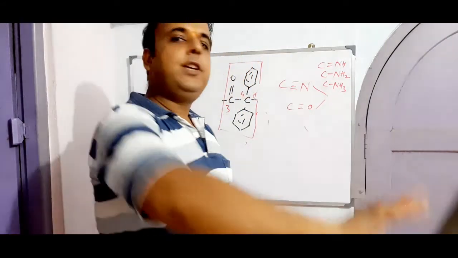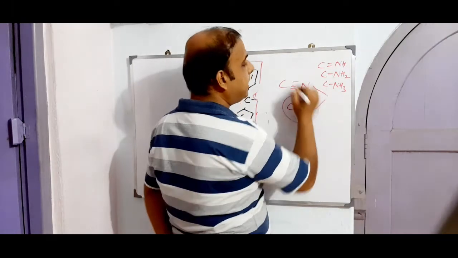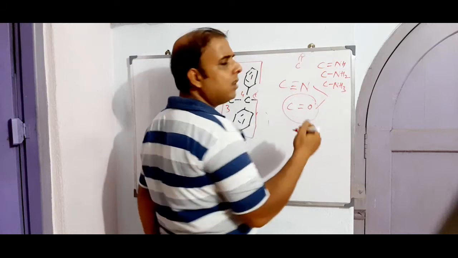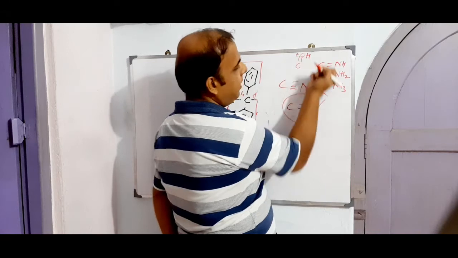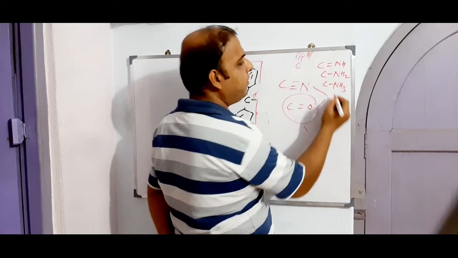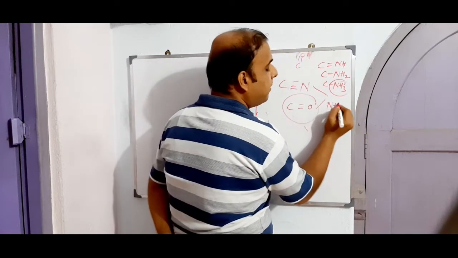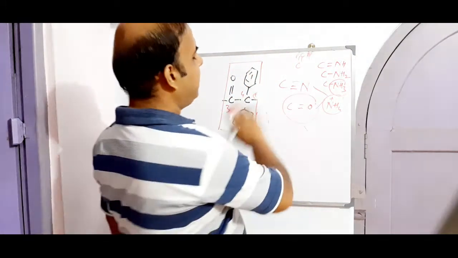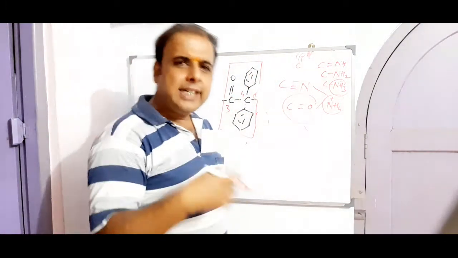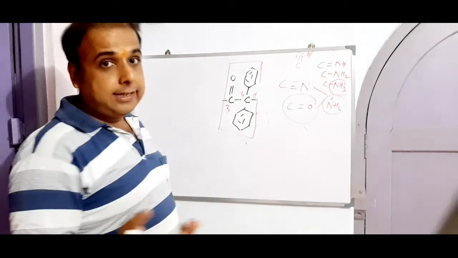Once the NH3 leaves, it leaves behind C double bond O. Finally, the amine is in the form of NH4 plus. This is the usual hydrolysis that we see on a regular basis, right?